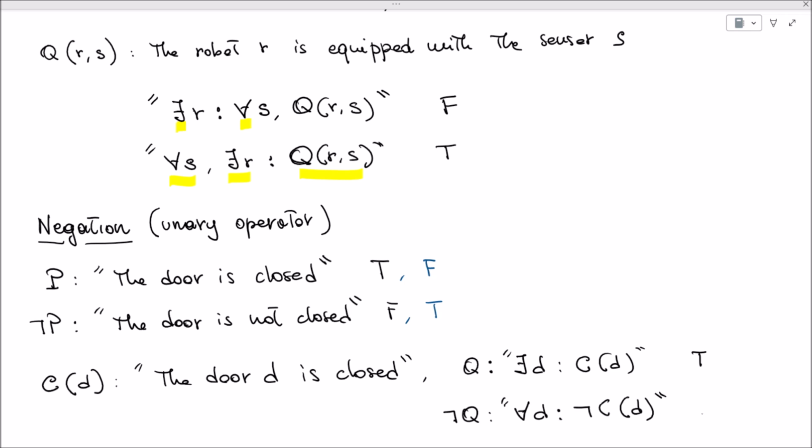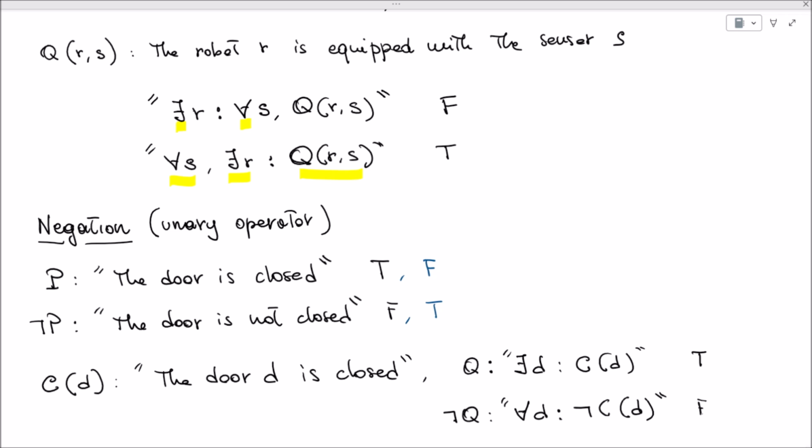In fact, we see that if Q is true, this is false. Saying that Q is true means that there exists at least one door that is closed, and the opposite of this is saying that for every door, that door is open, so there will be no door which is closed.